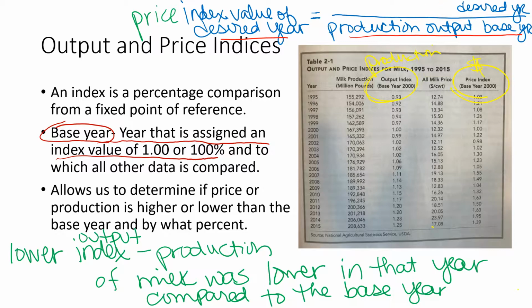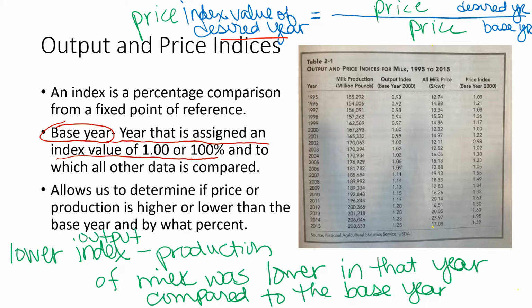That's going to be the price of the desired year that we're looking at divided by the price of the base year. The base year for this chart and for any particular set of data never changes.